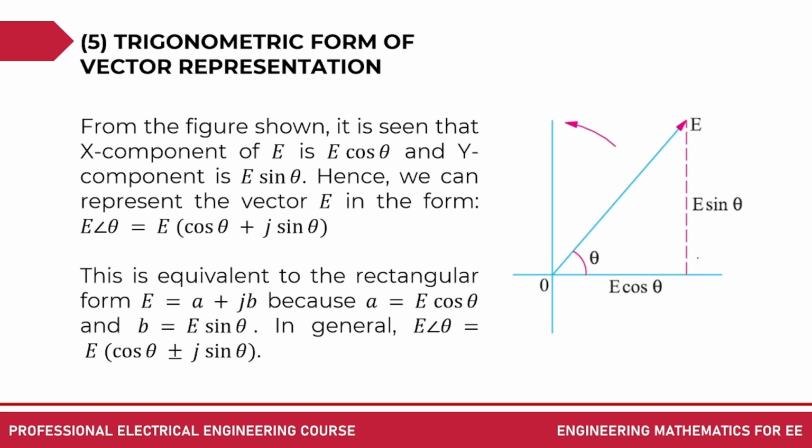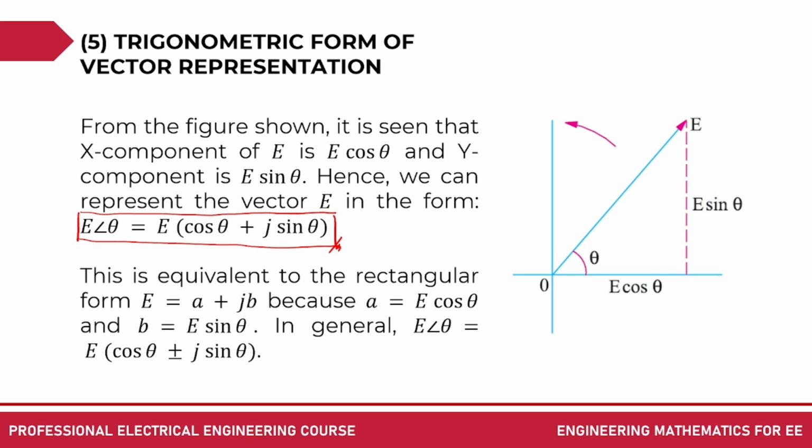Now, the trigonometric expression is the extension of the polar form. Instead of writing it in this way, it is written as cosine theta plus J sine theta. I'll tell you later on that polar to rectangular can be easily evaluated using a calculator.